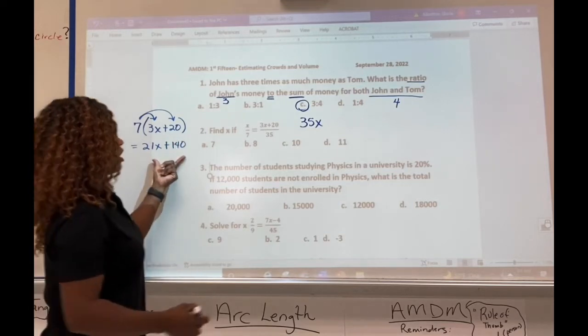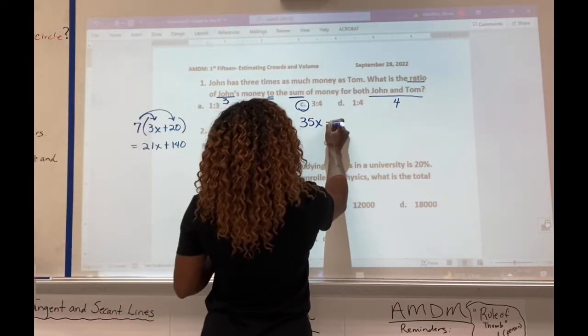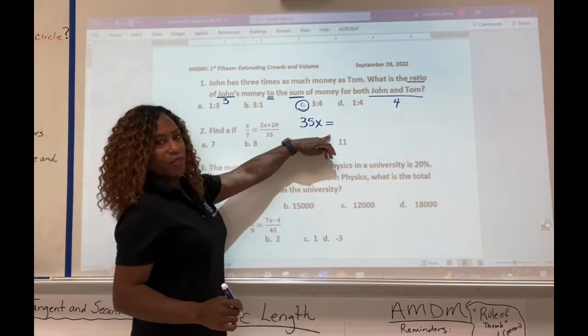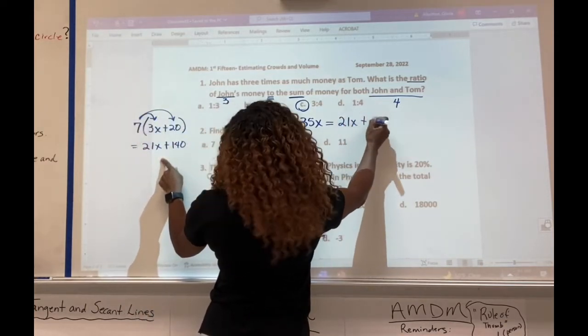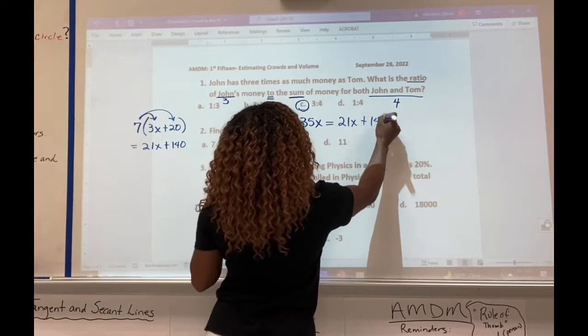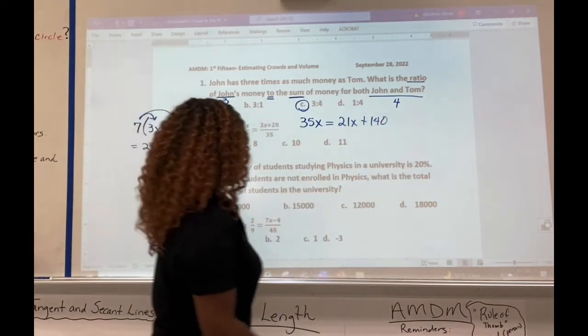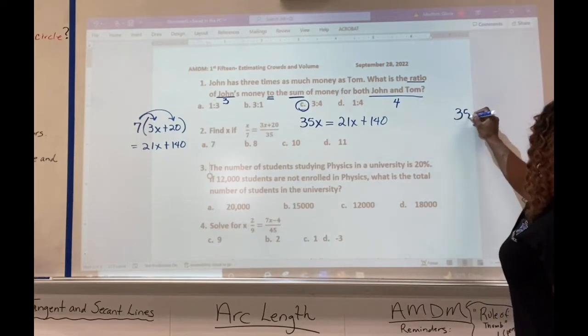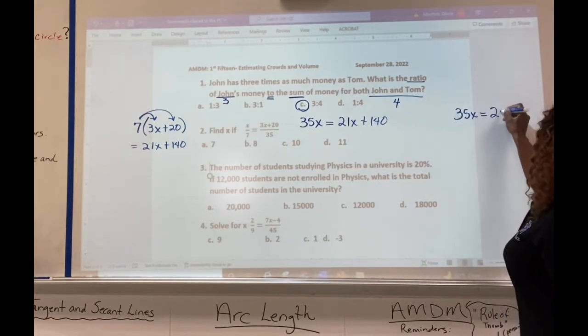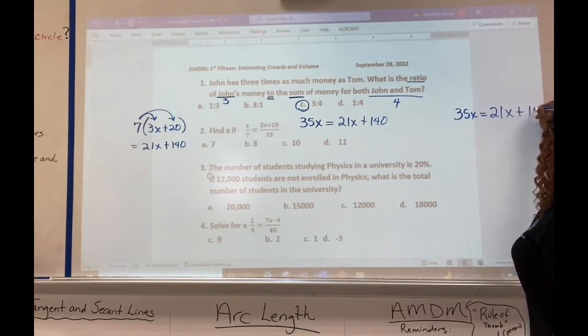So this expression is the second part of our equation. So I'm going to write 21x plus 140. And then I've got to solve this. So let me write it over here so we'll have more space to work on that. 35x equals 21x plus 140.